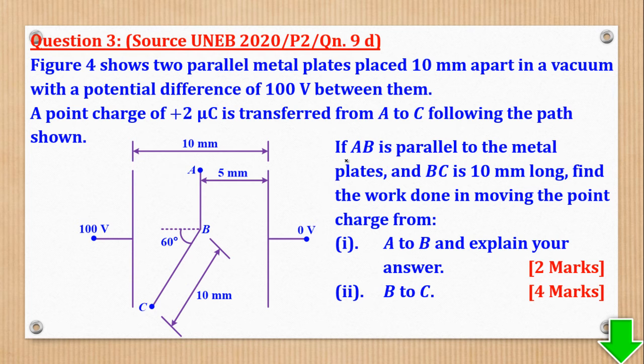So the question is, if AB is parallel to the metal plate, and BC is 10 meters long, which is here, find the work done in moving the point charge from Roman 1 from A to B and explain your answer, and Roman 2 from B to C. So I think to remember under electric potential, we cover that part of work done, and work done will be potential difference times the charge being moved.